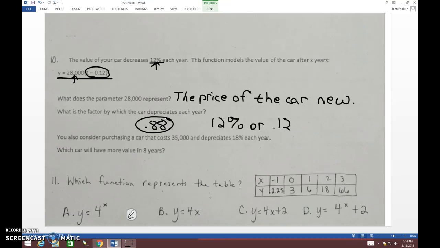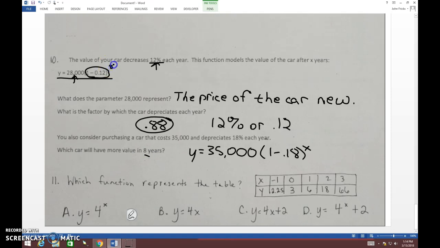All right, and then you also consider purchasing a car for $35,000. Okay, here's where our formula comes in. So we've got y equals the new cost, which is $35,000, and it's going to depreciate by 18%, so that's minus 0.18, each year. So we can take these two formulas and figure out which one's going to be worth more at year 8. To figure that out, we substitute in the number 8 to both of these.